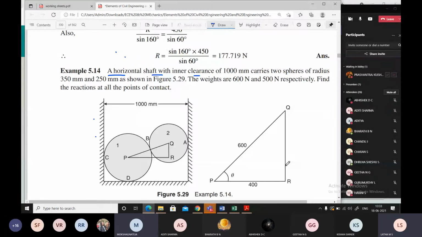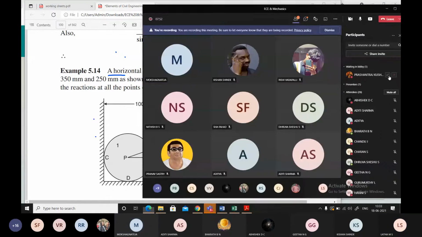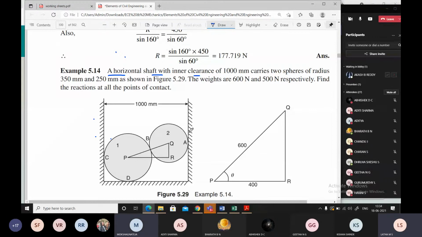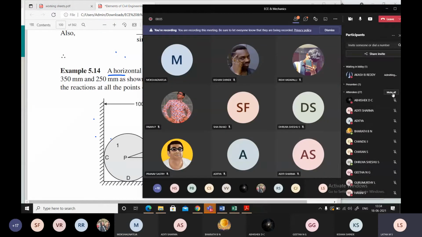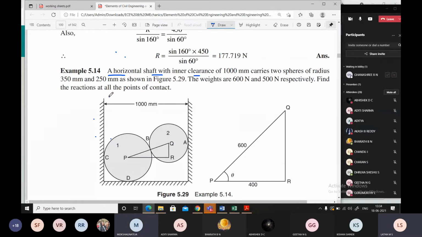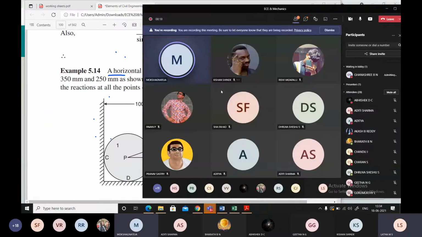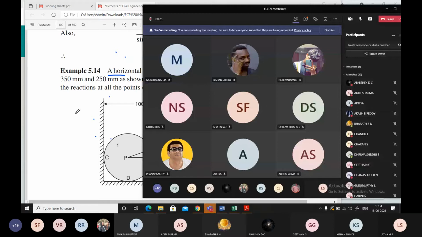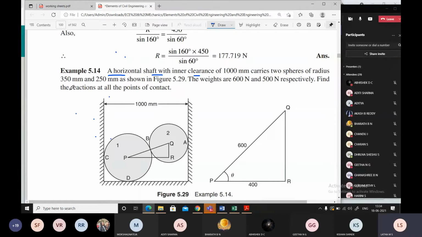A horizontal shaft with inner clearance of 1000 mm carries two spheres of radius 350 mm and 250 mm as shown in the figure.